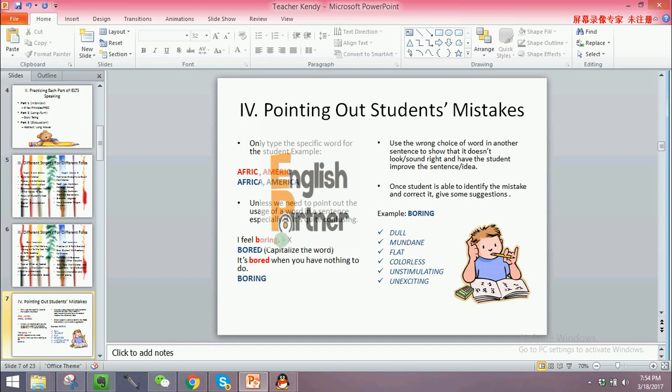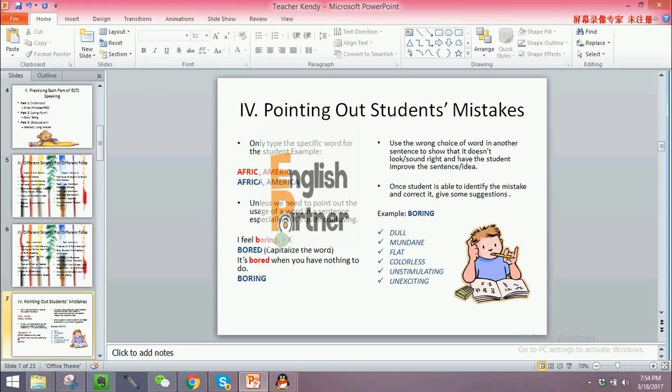And when I give the correct word for them to use, I just type it. I just type the correct word and I type it in capital letters. Okay. And for example, here, I feel boring. It's wrong. And also, I can give another example sentence like it's bored when you have nothing to do.